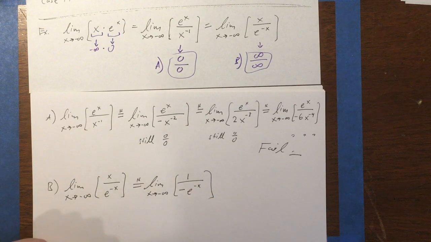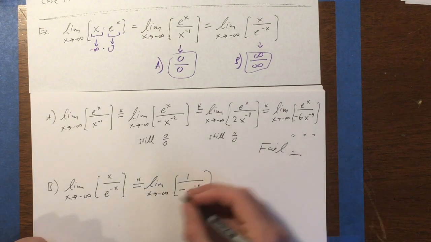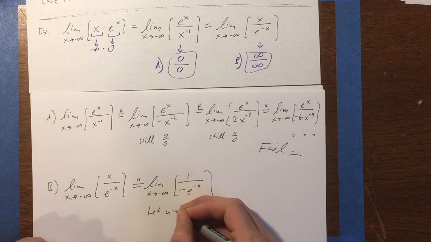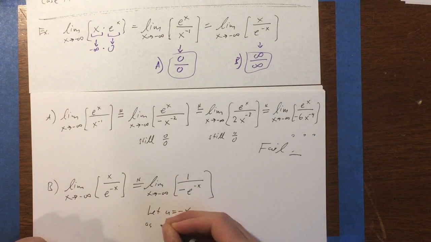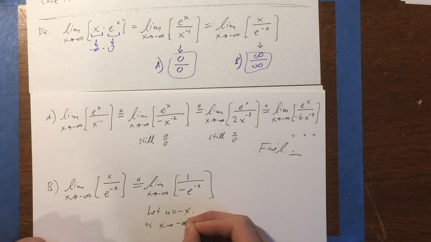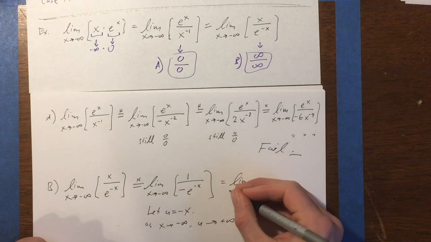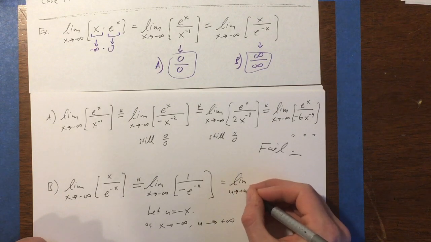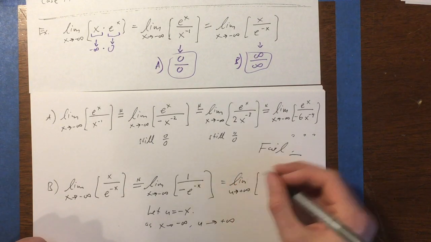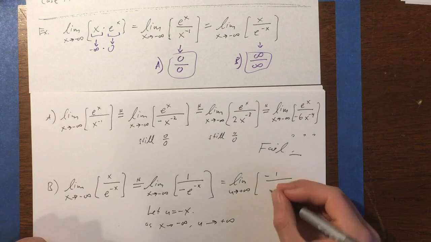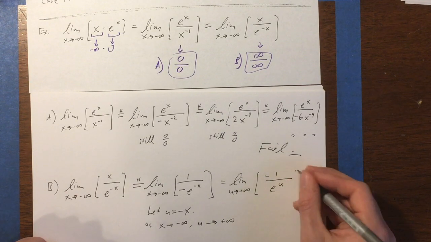Oh, I really want to do a u substitution. Let's let u equal negative x. As x is approaching negative infinity, since u is just the opposite, it's going to be approaching positive infinity. So I'm going to write this as the limit as u approaches positive infinity of, I'll put the negative in the numerator, negative 1 over e to the u.